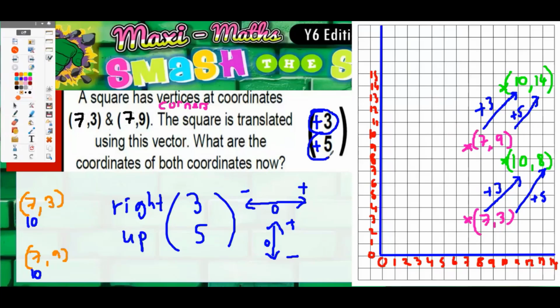And this bottom number is adding 5 to the second digit. 3 add 5 is 8. 9 add 5 is 14. If you understand what the vector is saying, you could have actually done it without drawing, plotting the coordinates. And there would be your new answers, (10, 8) and (10, 14).